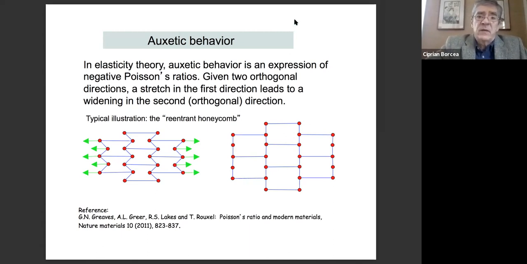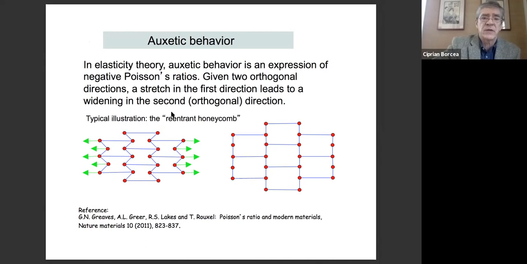So this has been theoretically seen as possible more than 100 years ago, but the actual modern interest in auxetic behavior goes back 30 years plus, and I have here a reference to a survey where one may find such details.